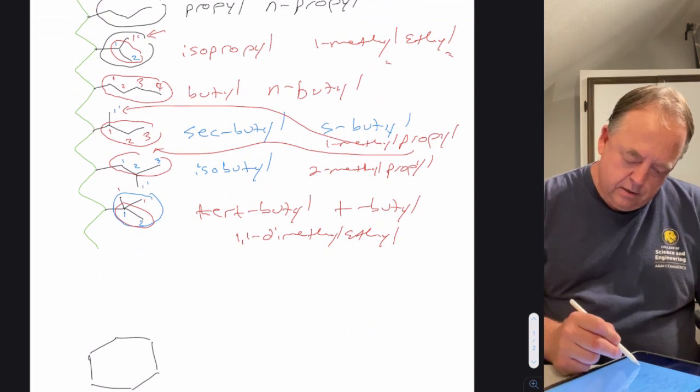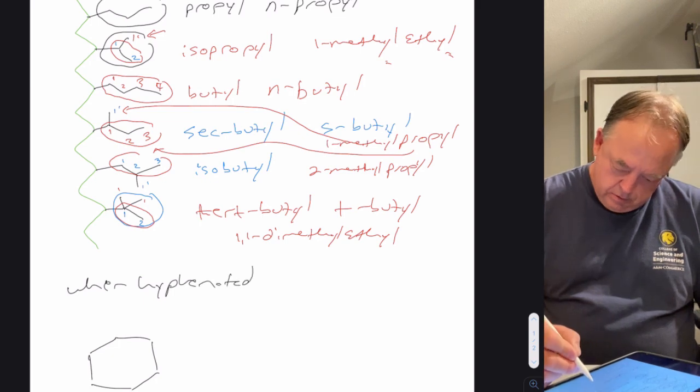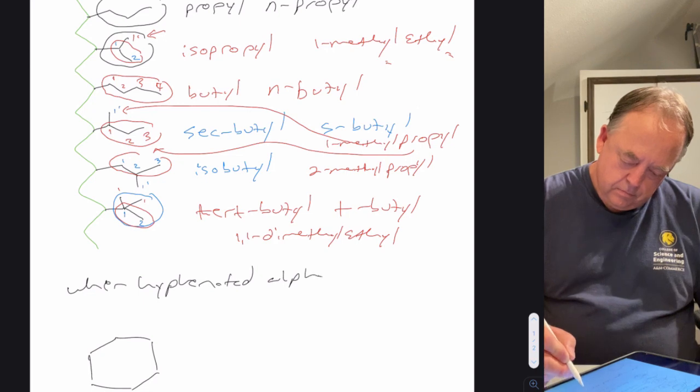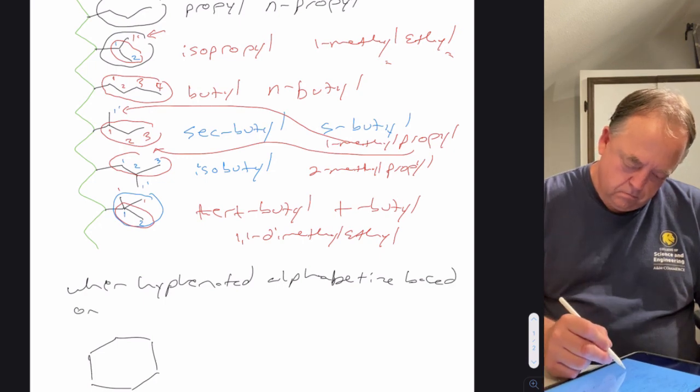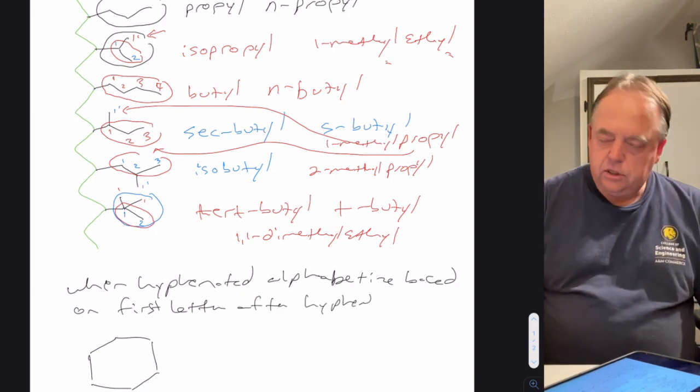So when hyphenated, you alphabetize based on the first letter after the hyphen.